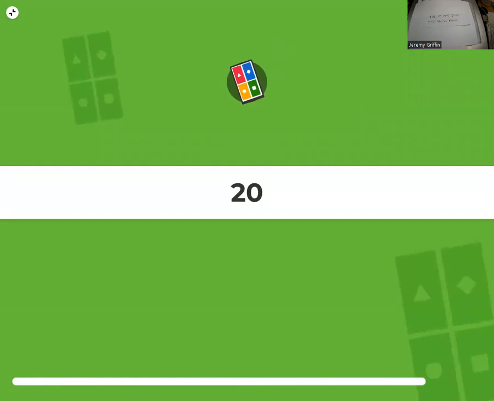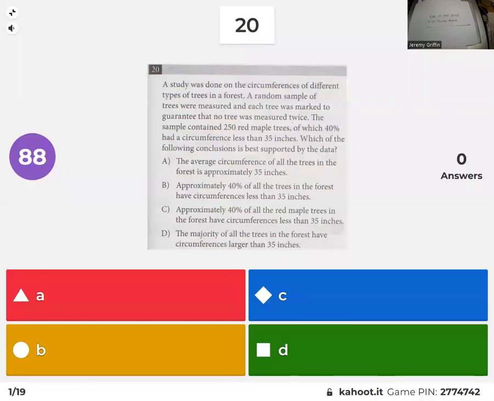Number 20. A study was done on the circumferences of different types of trees in the forest. A random sample of trees were measured, and each tree was marked to guarantee that no tree was measured twice. The sample contained 250 red maple trees, of which 40% had a circumference less than 35 inches. Which of the following conclusions is best supported by the data?